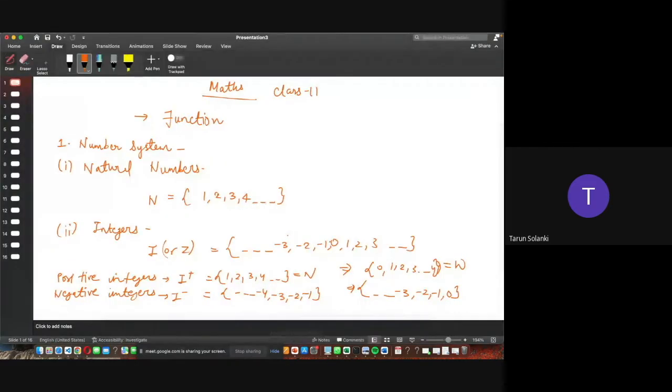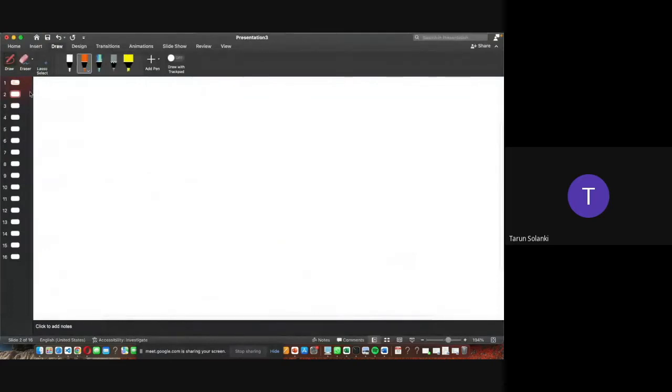So next is rational numbers. All the numbers in the form of a by b, where a and b are integers and b is not equal to 0, are your rational numbers.